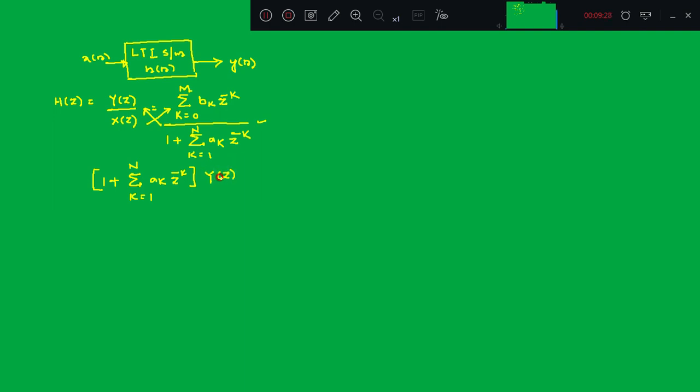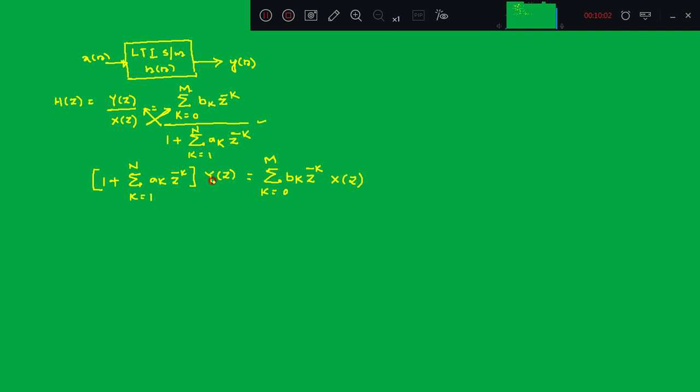So here we get Y of z is equal to, if I multiply this numerator polynomial with X of z, summation k is equal to 0 to capital M, bk z raised to minus k, multiplied by X of z, right? So I only have to simplify the left hand side of this equation.